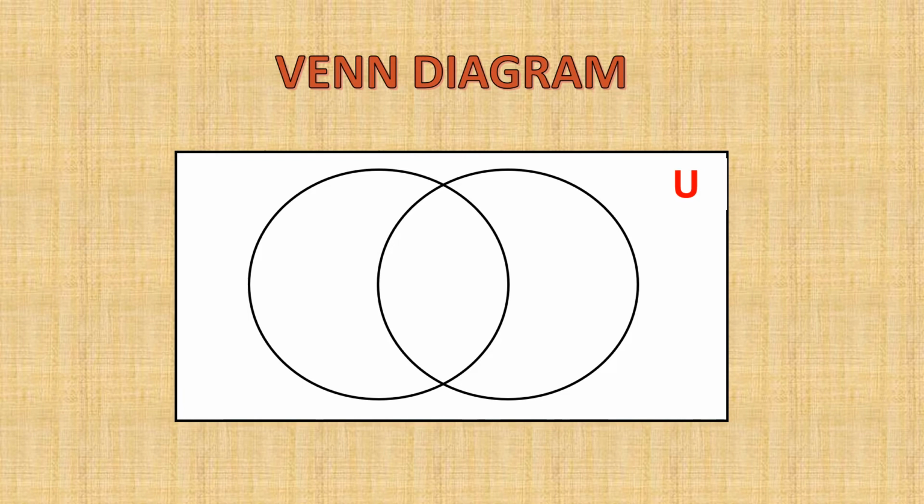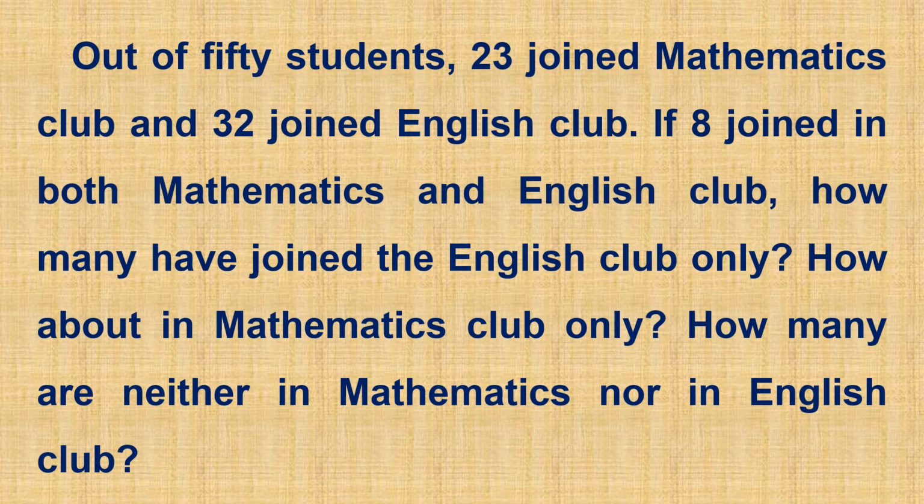Try to look at this example. Out of 50 students, 23 joined Mathematics Club and 32 joined English Club. If 8 joined in both Mathematics and English Club, how many have joined the English Club only? How about in Mathematics Club only?